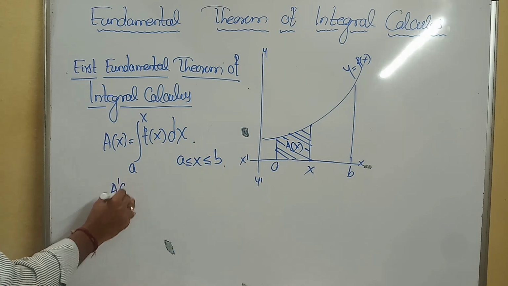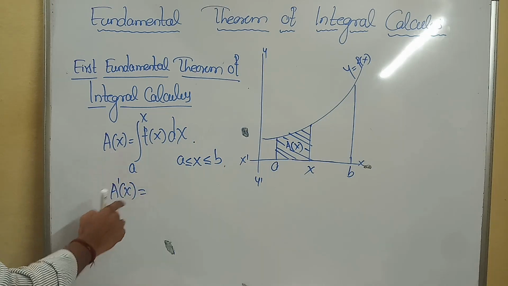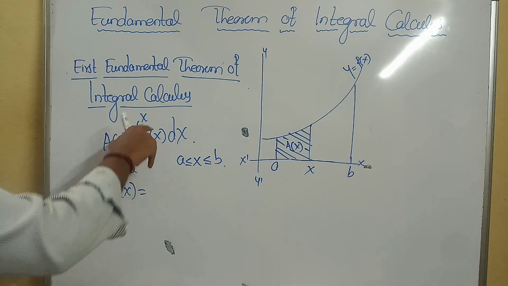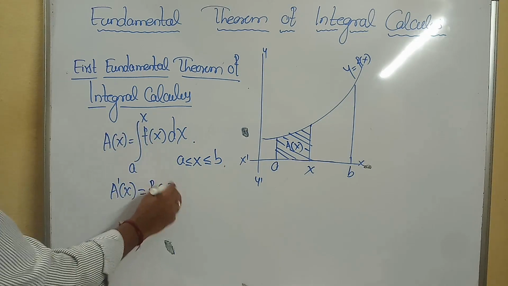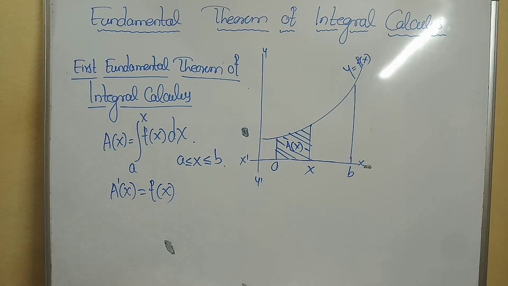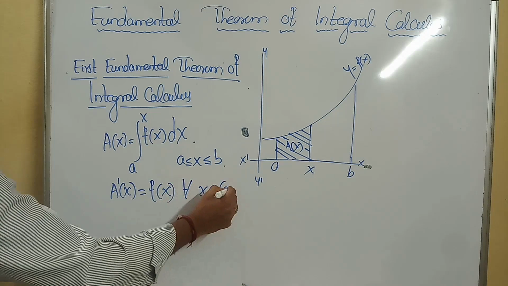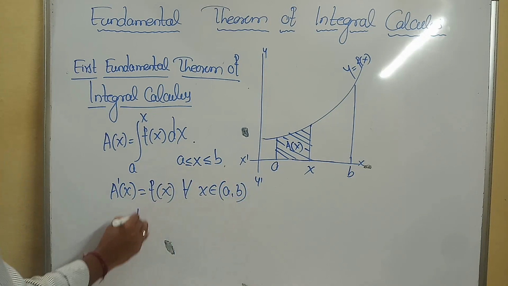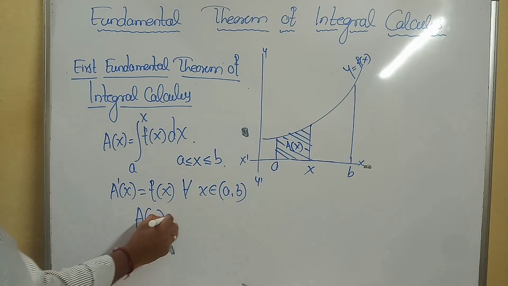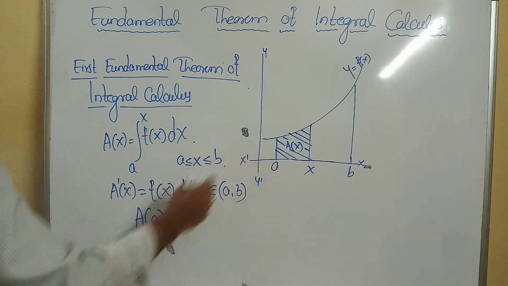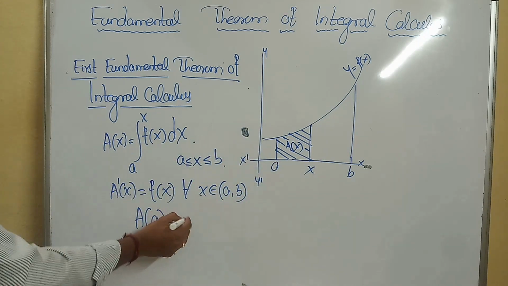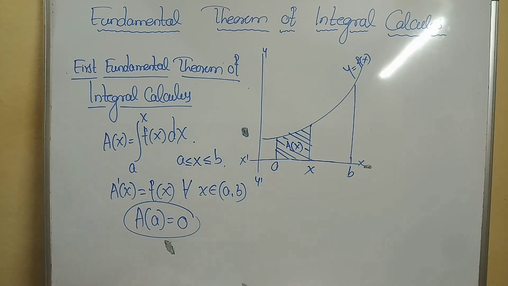The derivative of this function, A dash of x, will be f of x, for all x in the open interval a, b. The last condition is A of a, the area from a to a, will be 0. Is there any doubt in this particular part?